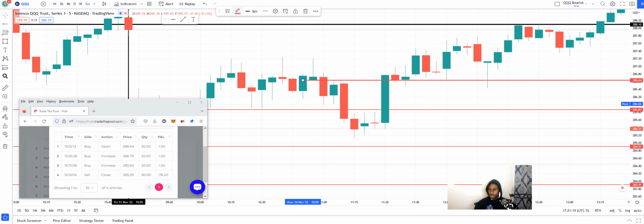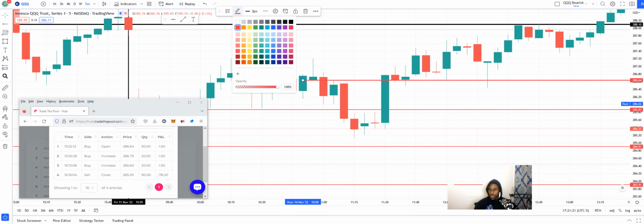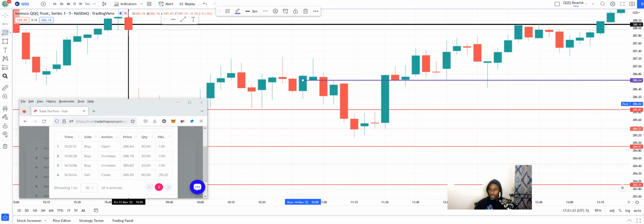Let me turn that to purple because that's where we entered, right? 28664, and 28679 was the increased position. So I had a buy here.